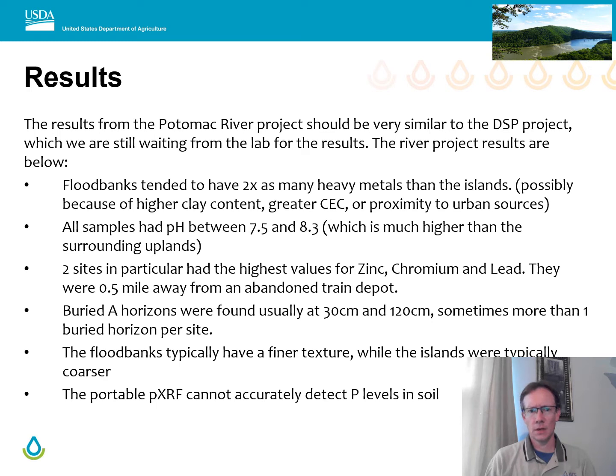Two sites in particular had the highest values for zinc, chromium, and lead. They're about a half-mile away from the abandoned train depot. We did find a lot of buried A horizons, usually at about 30 centimeters or 120 centimeters. The flood banks typically had finer textures, and the islands typically had coarser textures. And we found that the XRF could not accurately detect phosphorus levels.